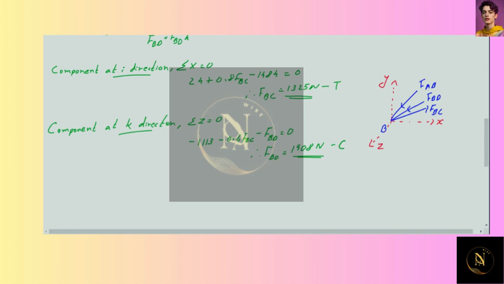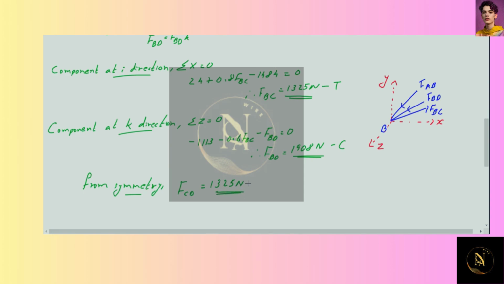Now from symmetry, we can actually write the value for FCD. FCD will be 1325 Newton.